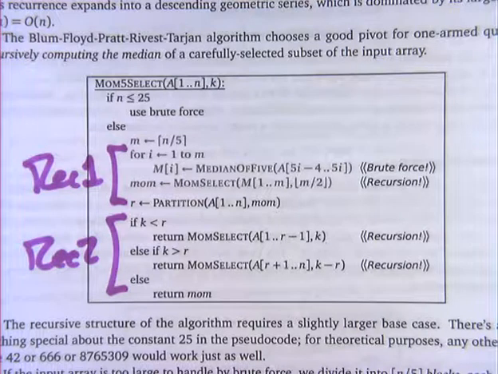Half the time, it will be in the middle half of the array, and that's good enough. In practice, just literally roll an n-sided die and pick that element as the pivot. Don't try to be clever. Just literally be random. There's still some very small probability that things will go bad, but as I said, there's also a very small probability that your computer will explode. It's not enough to worry about.